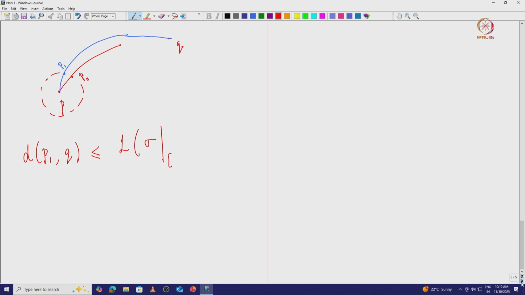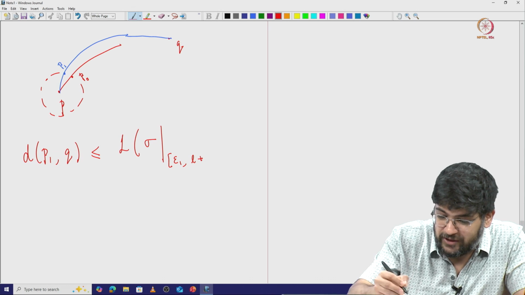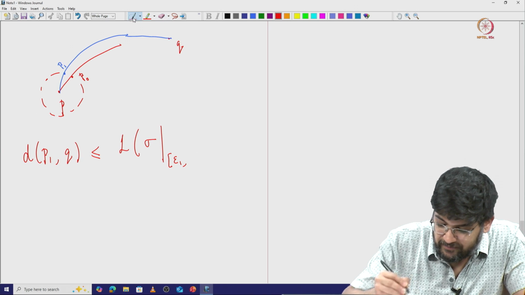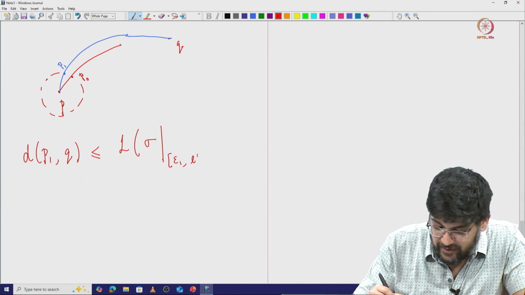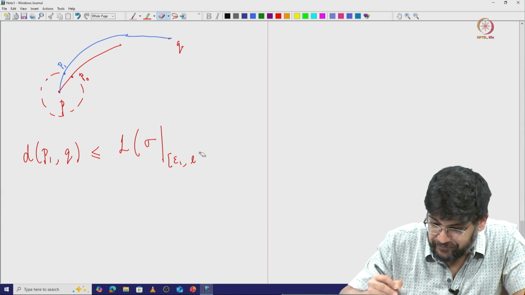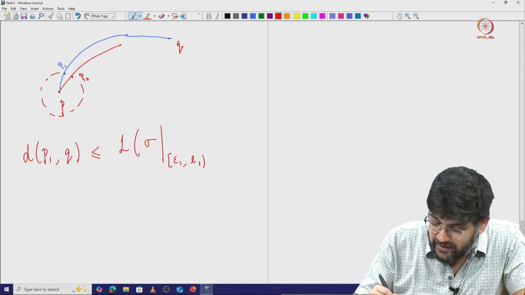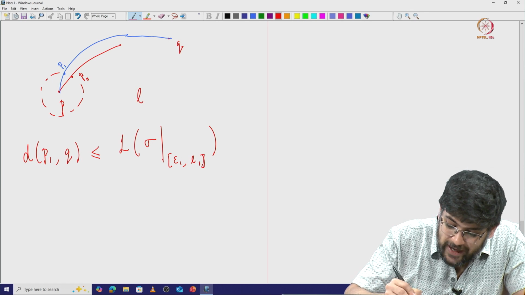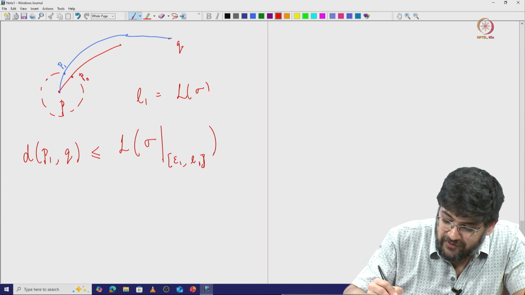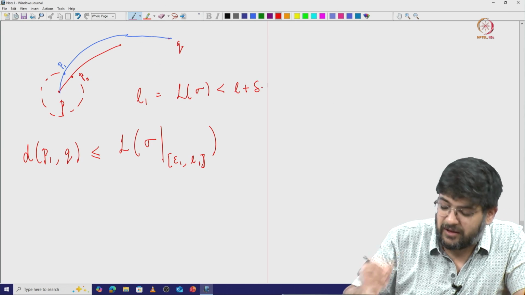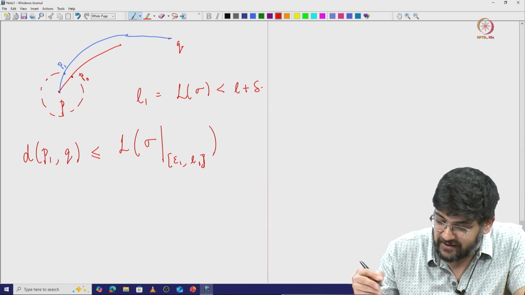Okay. So the distance from P1 to Q is less than or equal to the length of the part of sigma from epsilon 1 all the way up to L1, where L1 is basically just the length of sigma, which by choice is less than L plus delta.